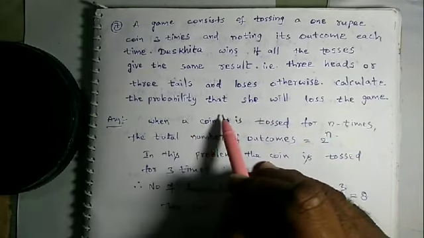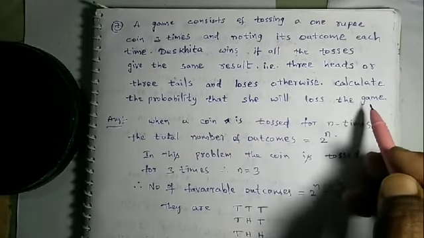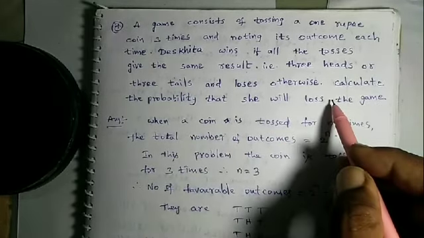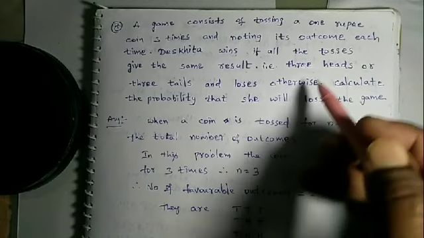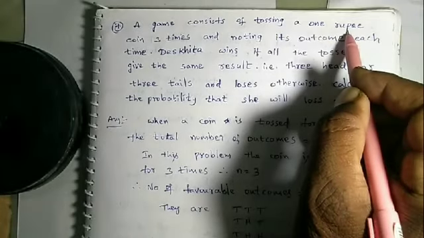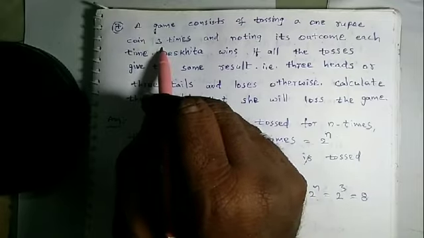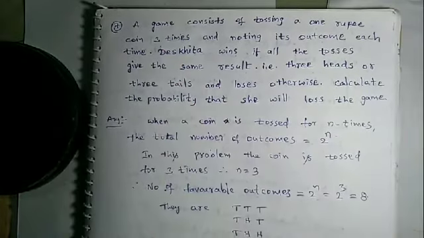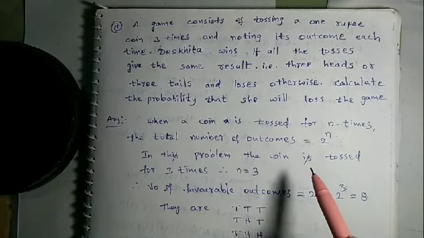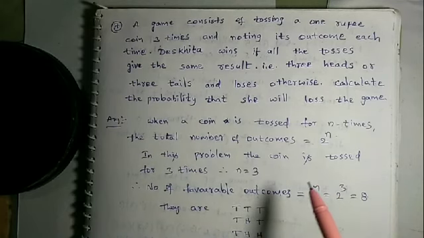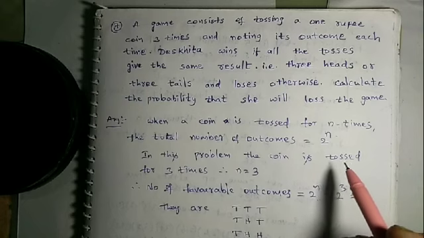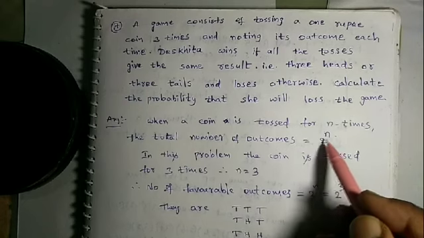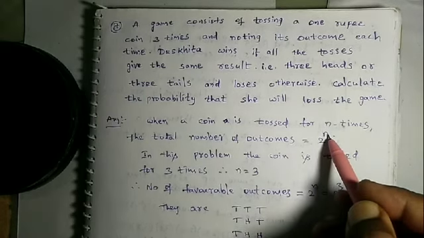Calculate the probability that she will lose the game. That means only a 1 rupee coin tossing 3 times. The coin has 2 chances, that is head and tail. So 2 to the power of 3 is equal to 8.